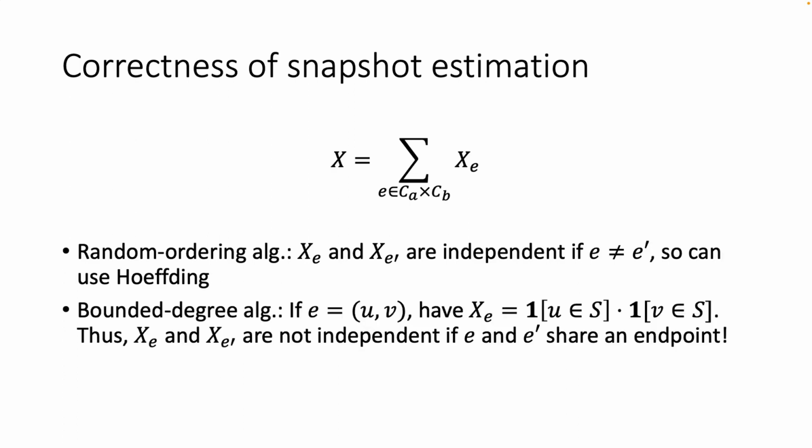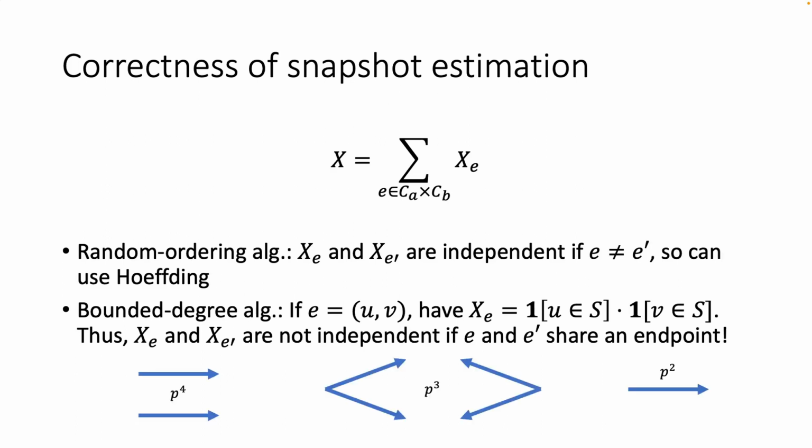What's slightly more complicated, and the reason why we have to actually use a bounded degree assumption, is that in the bounded degree algorithm, remember, instead of sampling random edges, you sample random vertices and then look at the induced subgraph on those vertices. Now we no longer have this independence property. In particular, say I have two edges in the graph which share one endpoint.